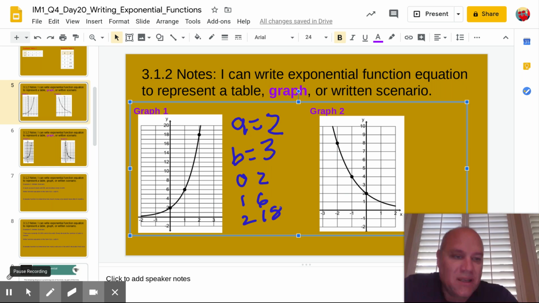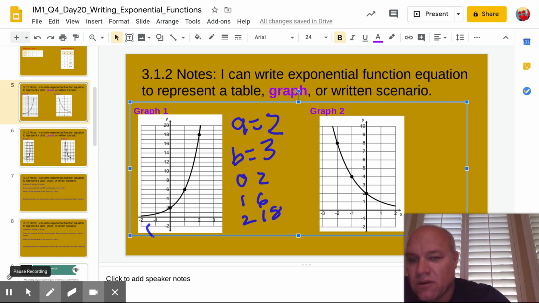That helps you process it better. By all means, create a little table of values and do it the way we did in the previous examples. All right, so name that function: y equals 2 times 3 to the x power.